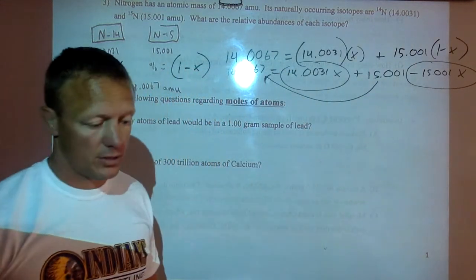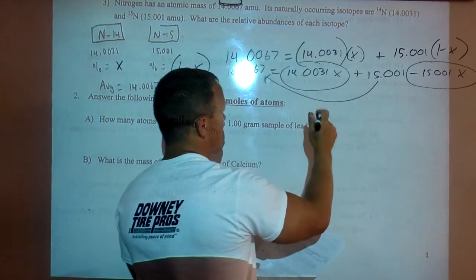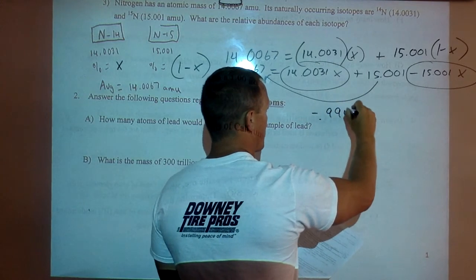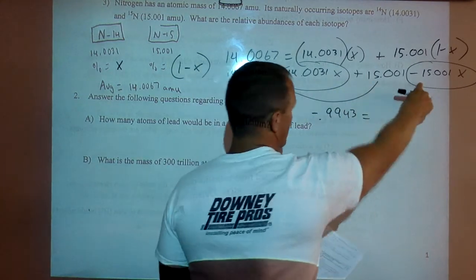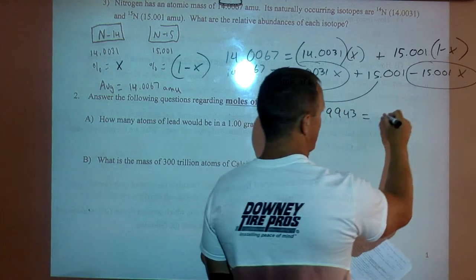When I do that, subtracting this to the other side, I get a negative 0.9943. Combining my 2 like terms, I get a negative 0.9979x.